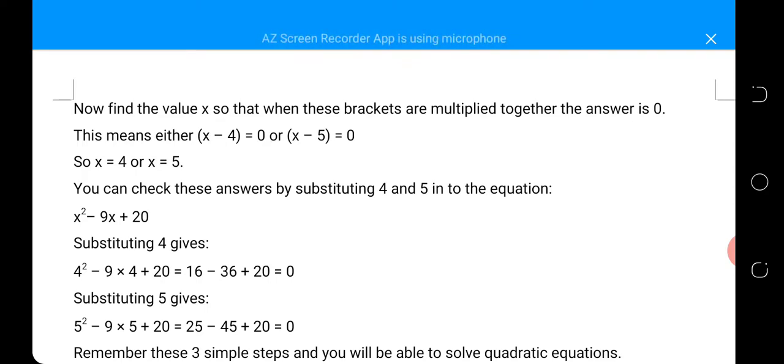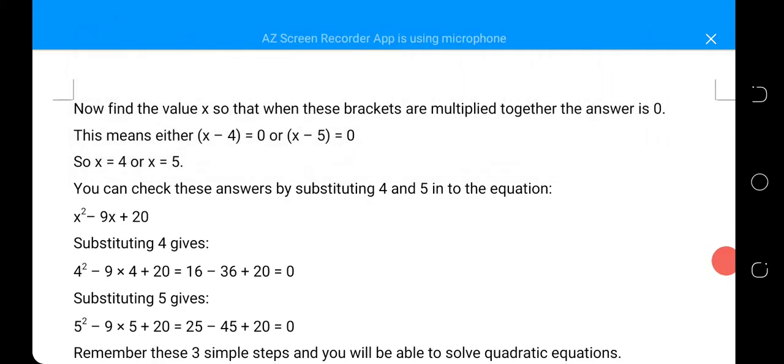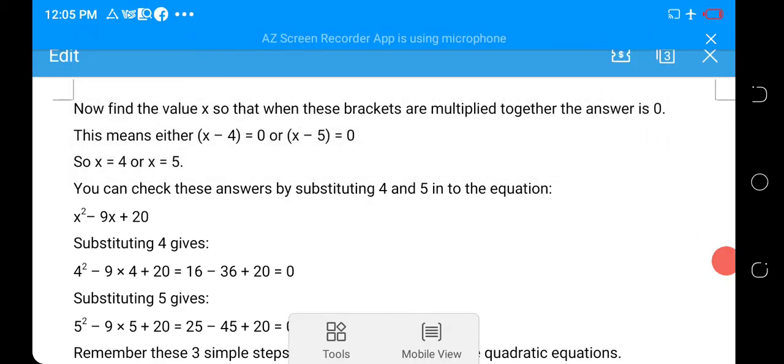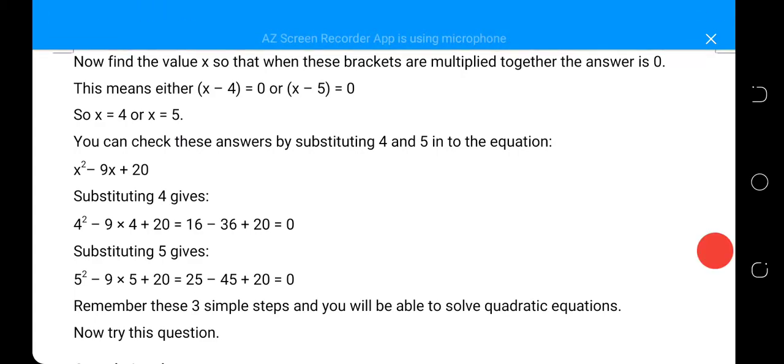When x minus 4 is equal to 0 is solved, we have x is equal to 4. And when x minus 5 is equal to 0 is solved, we have x is equal to 5. Therefore, the solutions to the quadratic equation are x is equal to 4 or x is equal to 5.